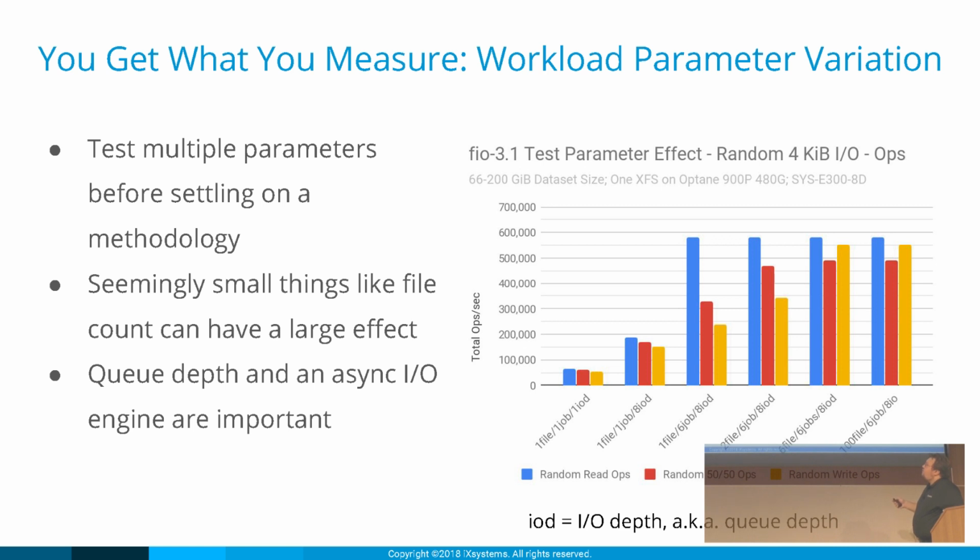My first test was with just one FIO job, so one thread basically, with an IO depth of 1. And you can see this is the number of ops per second that I got for reads, 50-50 mix, and writes. And you can see those are a little bit above 50,000 ops per second.